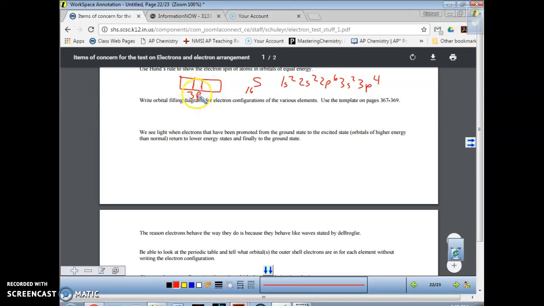Where do those 3p electrons go? Into these orbitals. How do they do it? They have to go the same direction until they all fill up. And then one of them has to go the opposite of it. Correct? Yep.